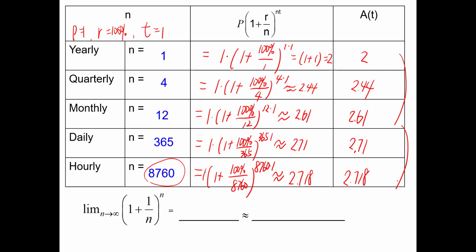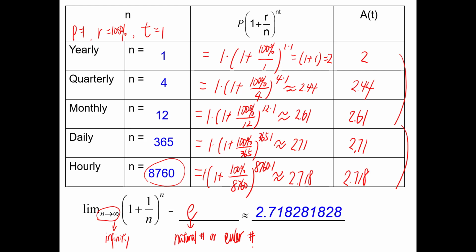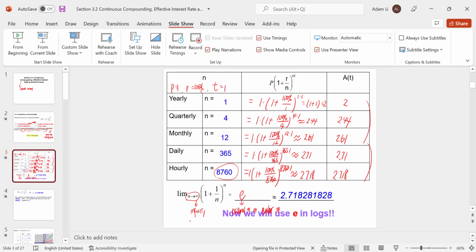Okay. So now, as you can see, when this n approaches infinity, the limit of this will approach the Euler number, which is e, right? Natural number or Euler number. That's approximately equal to 2.718281828. You can pick a bigger number for n, same thing. I'm going to show you one more, right?